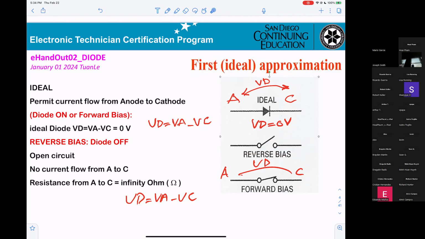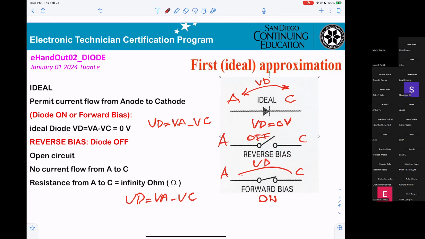Okay? And a very important thing: when you're working with a diode, you must know if it is forward bias. That means the diode is on. Reverse bias means the diode is off. When they're on, they allow current to flow from A to C. When they're off, they open.